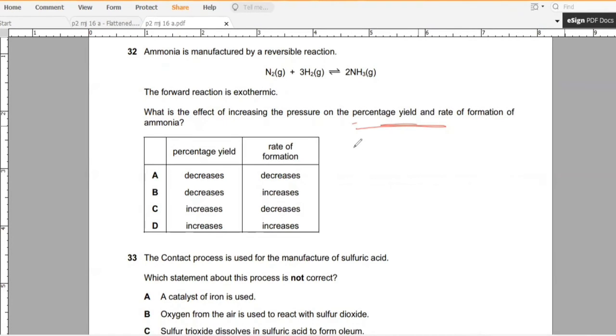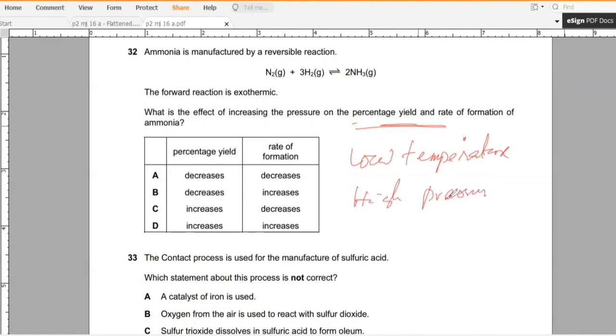So what condition is favorable for a higher yield or rate of formation of ammonia? We use low temperature and high pressure. High pressure favors the right side, the forward direction, meaning more ammonia is produced.